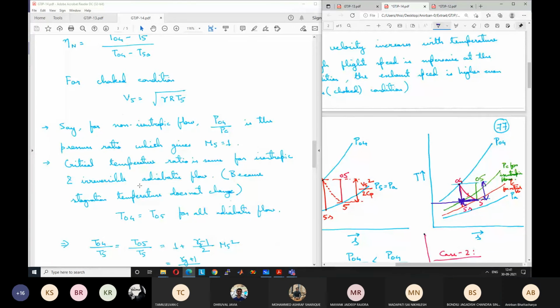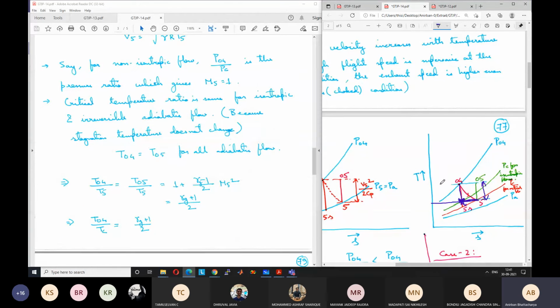Even if there is frictional loss, the stagnation temperature remains same. So T04 by T5 can also be written as T05 by T5, which is equal to 1 plus (gamma minus 1) by 2 M5 squared. This we have already seen in the previous class.